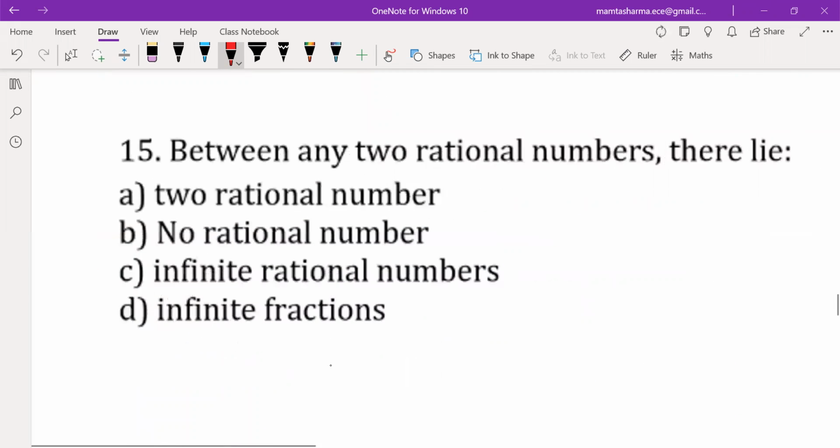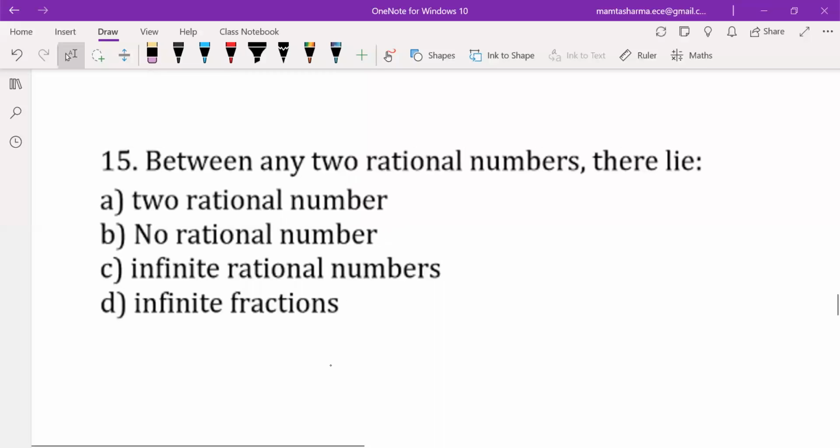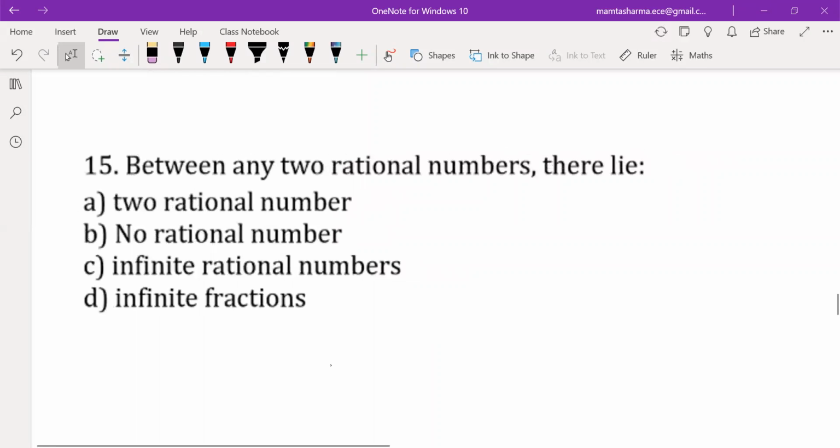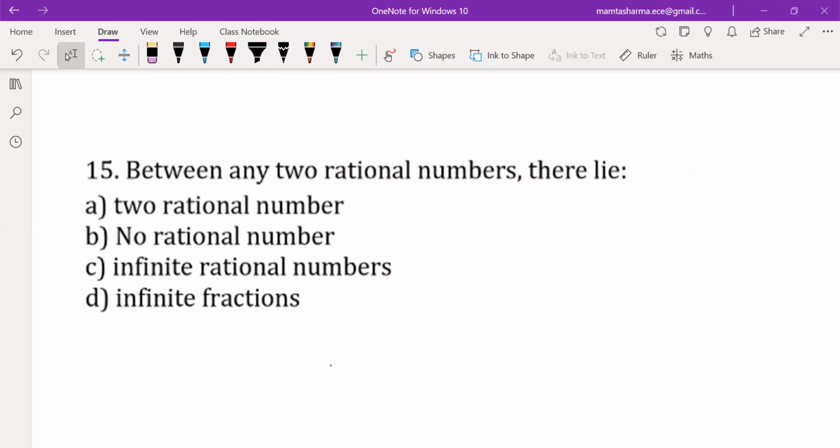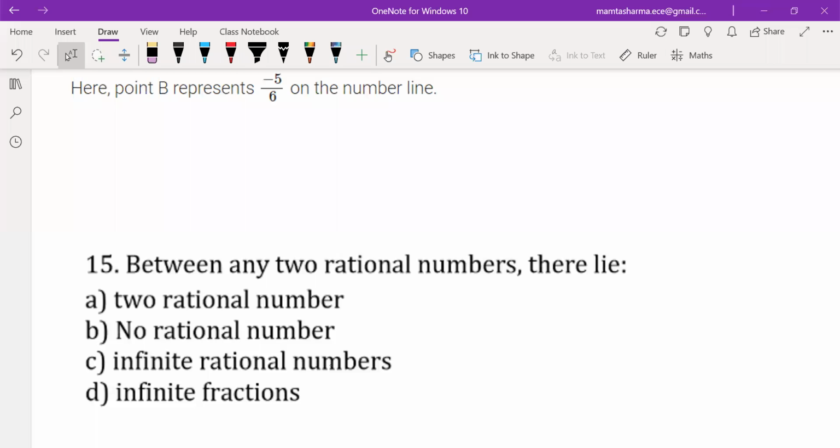Next. Between any two rational numbers, how many numbers can be written? Now tell me. Infinite, ma'am. If I say one rational number is 1 by 1 and the other rational number is 2 by 1, how many numbers would lie between 1 and 2?